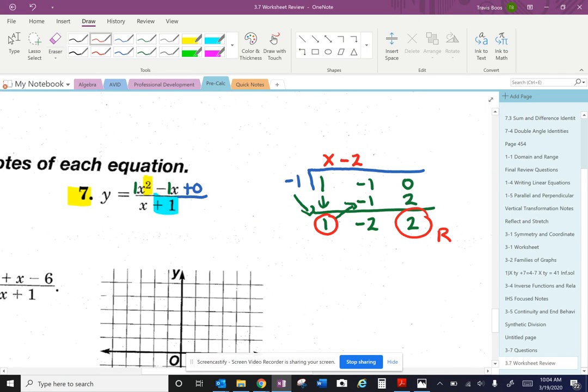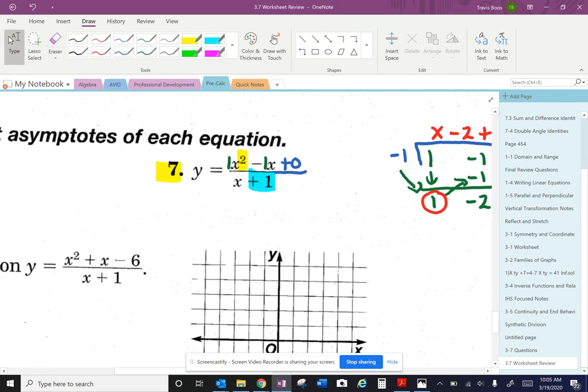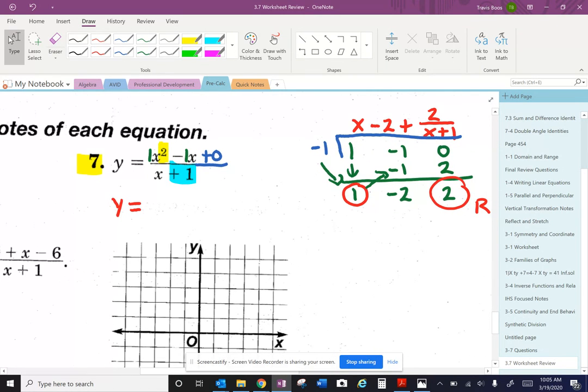So I'm going to add 2 over x plus 1. In other words, this can be rewritten as x minus 2 plus 2 over x plus 1.